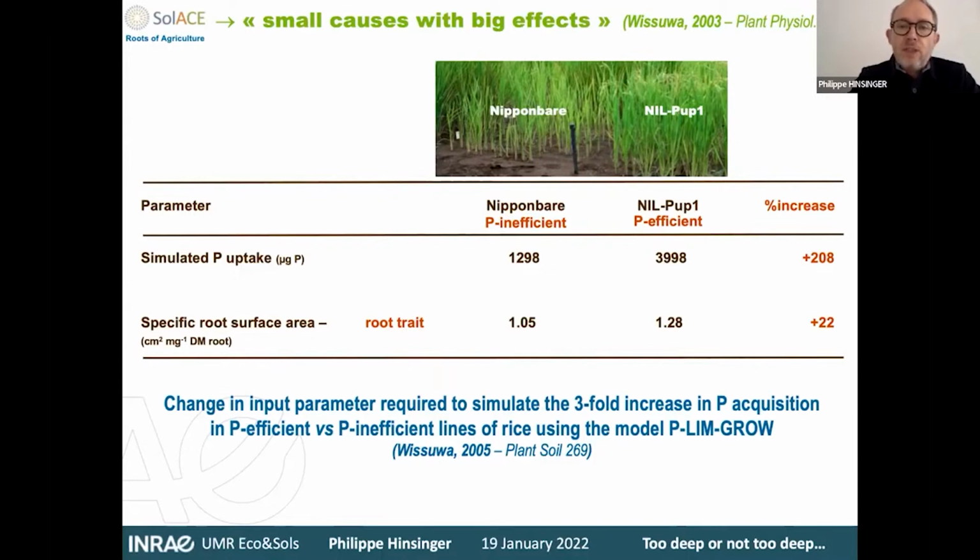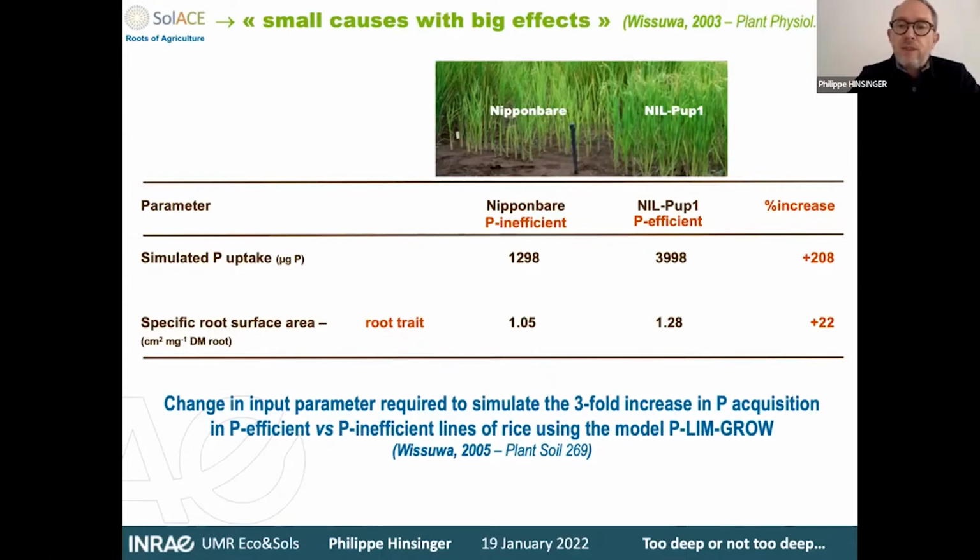So what he did was comparing the most commonly used variety of rice, Nipponbare, which was not very efficient. You almost see on this slide, on the picture, that it has no grain actually in these kind of conditions.